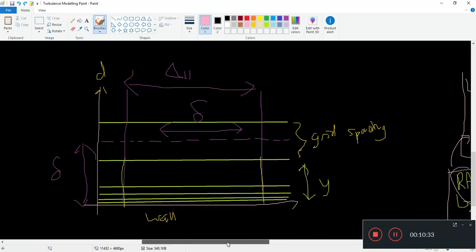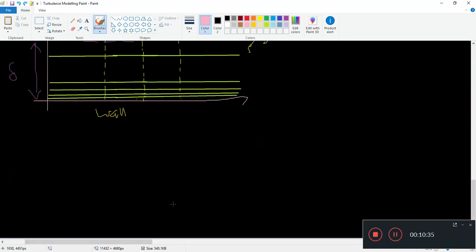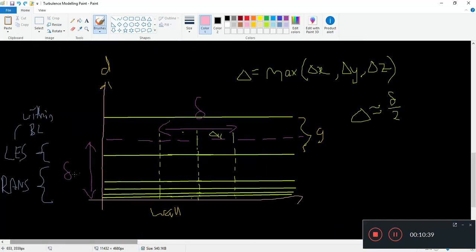Now, what happens in the other case, if we have this very ambiguous region where you have LES activating prematurely within the boundary layer? What happens is that we will still have those eddies forming, but maybe it's not enough to compensate.